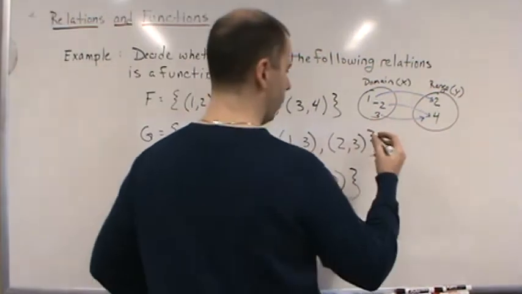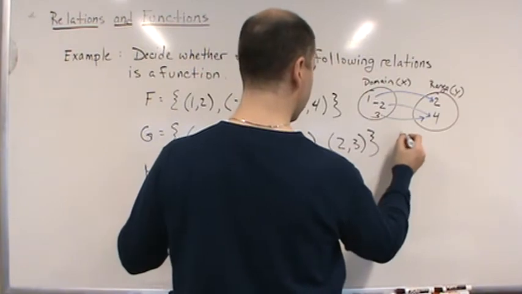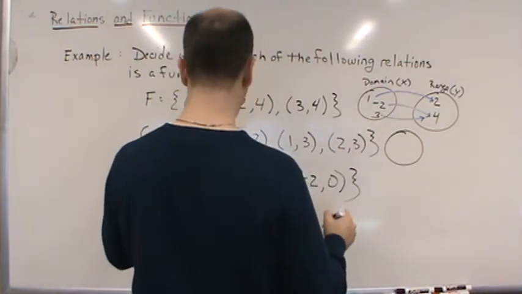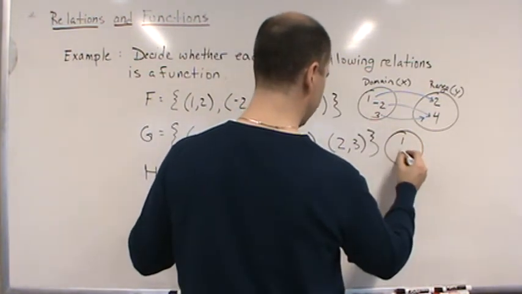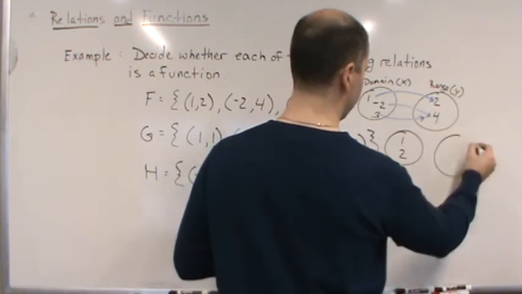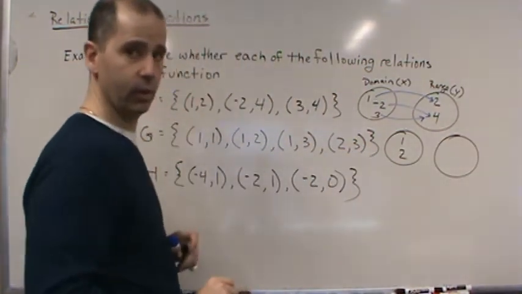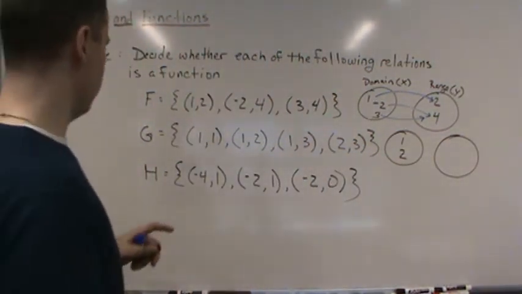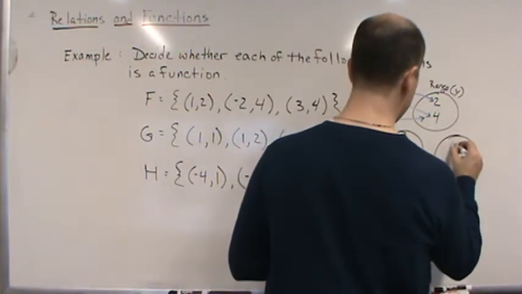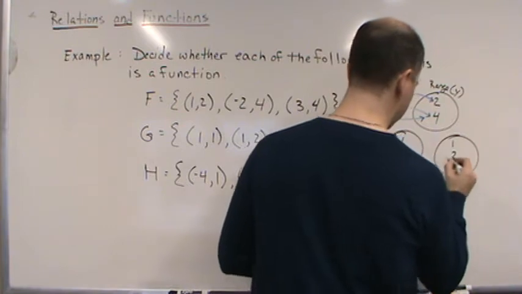So how would I represent this? Well, I'm going to create my domain again. And so I'm going to have 1 and 2 in the domain. And here's my range. Okay, and now what I'm going to do is I'm going to put 1, 2, 3 in the range.